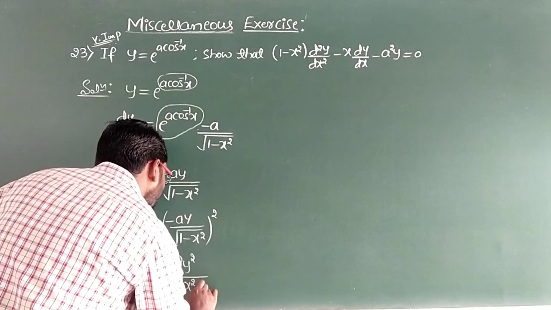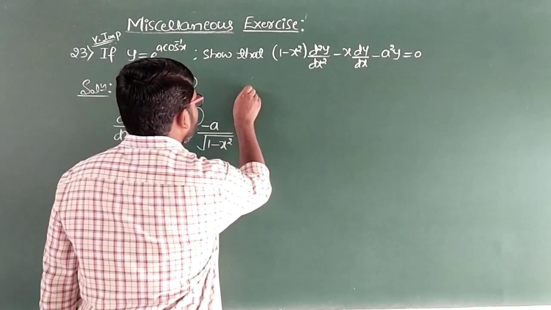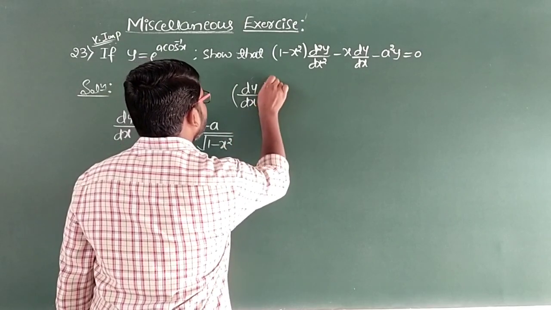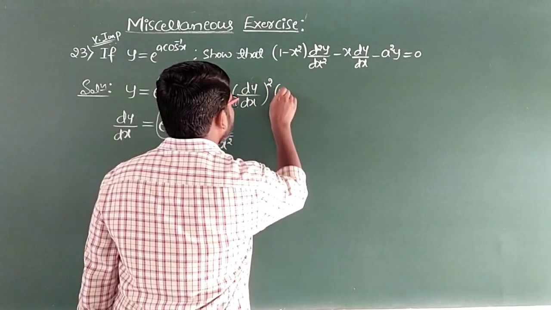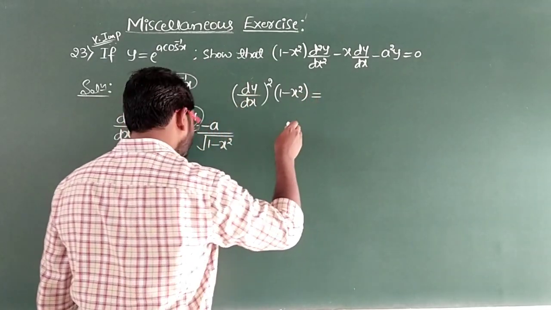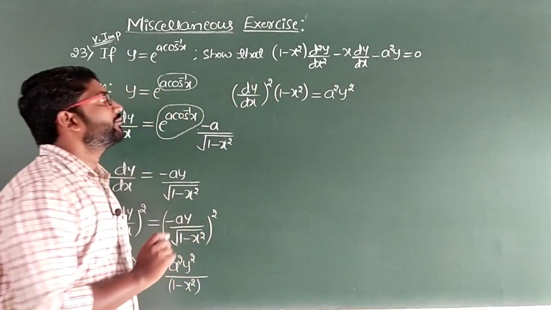Now take that 1 minus x square term to the left hand side. So what do we get now? dy by dx the whole square into 1 minus x square equals a square y square.